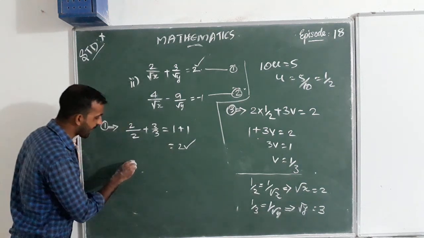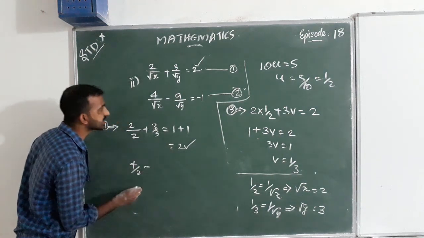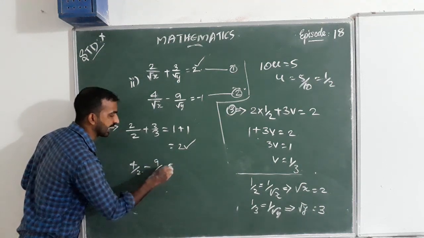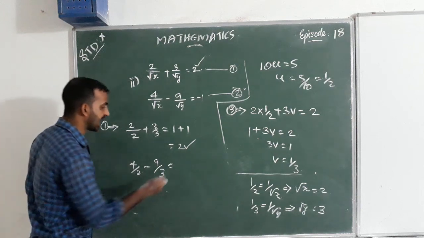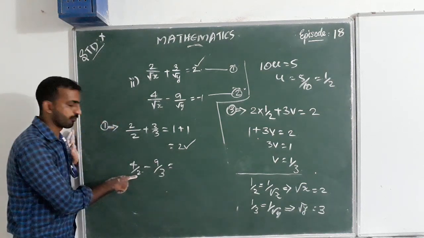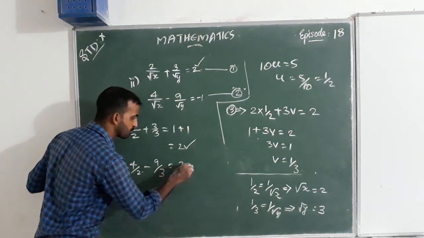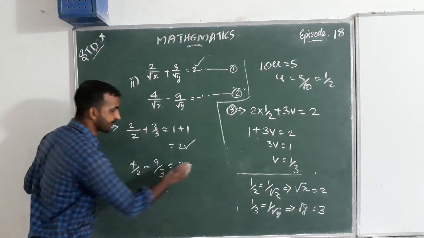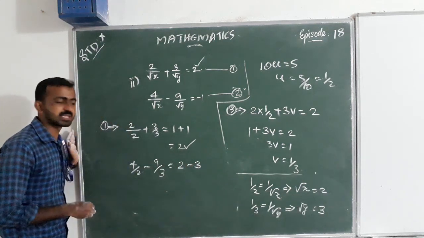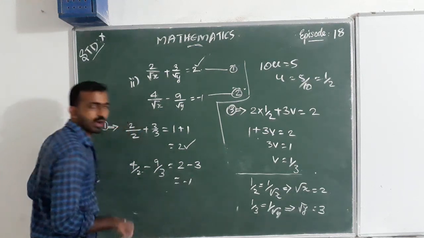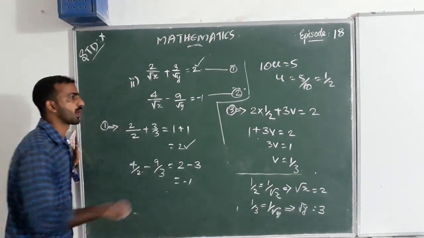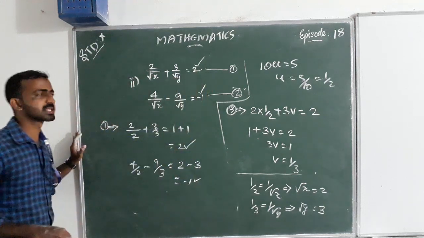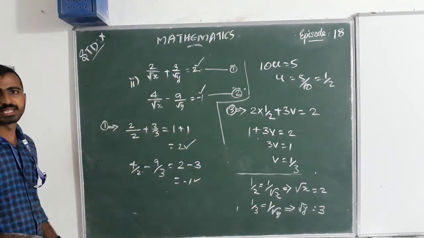And 4 by 2 minus 9 by 3. Here 4 by 2 means 2, and 9 by 3 means 3. That is 2 minus 3, we get negative 1. Here is also negative 1. The equation is satisfied.